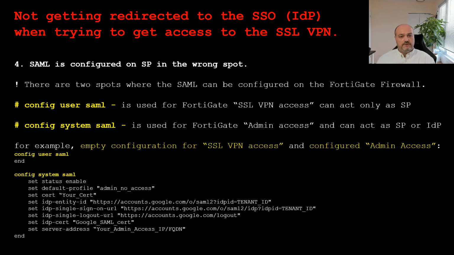There are two spots where SAML can be configured on a FortiGate firewall. Config user saml is used for FortiGate SSL VPN access and it can act only as a service provider. And there is config system saml. It's used for FortiGate admin access and it can act as a service provider and identity provider.